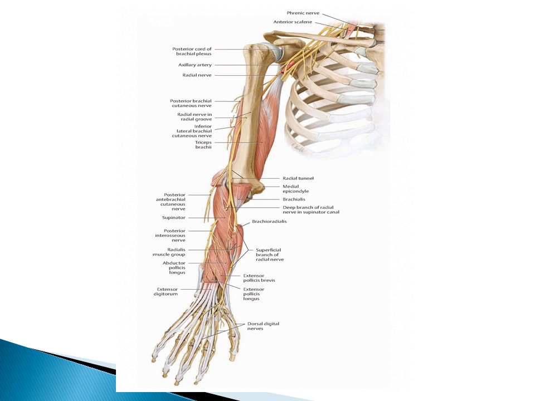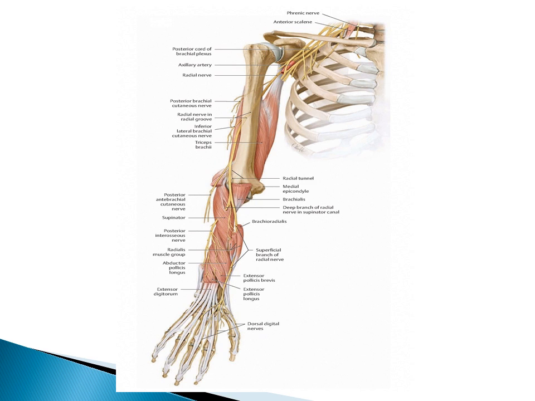Then just above the elbow, the radial nerve comes around the lateral aspect of the elbow, superficial and anterior to the lateral epicondyle of the humerus.